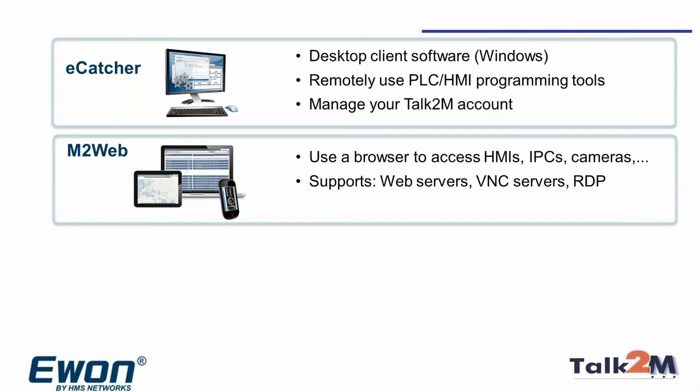So if you had a smartphone or a tablet or just Google Chrome, Internet Explorer or one of the other browser applications, you can type in your Talk2M credentials like you would use with eCatcher, and you would be able to access the web browser inside the remote Ewon device, and the web browsers in the devices sitting behind the Ewon device, such as web browsers in PLCs and HMIs. You can also use this to reach VNC servers. It's quite common for HMIs to have a VNC server running in them, and you can use the M2Web service to reach those as well.